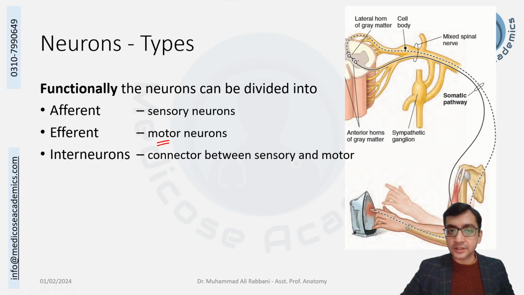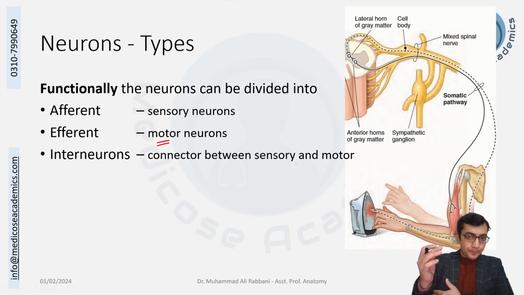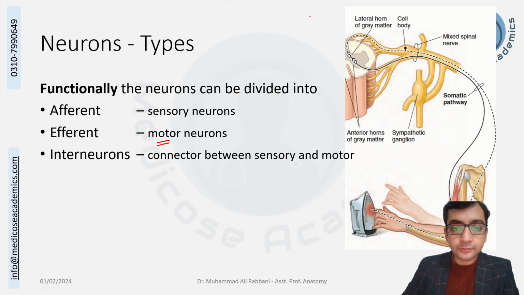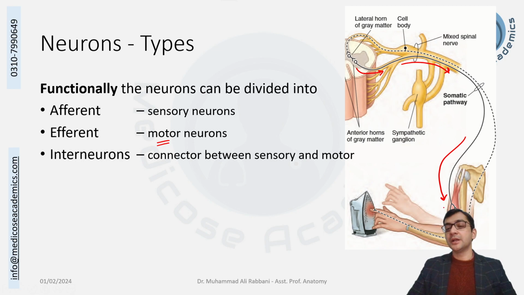For example, the cell body of the neuron that moves your biceps as you fold your arm is present in the spinal cord, and it carries the impulse away from the spinal cord all the way along the nerve until it reaches the neuromuscular junction supplying the muscle. So this is the efferent motor neuron.